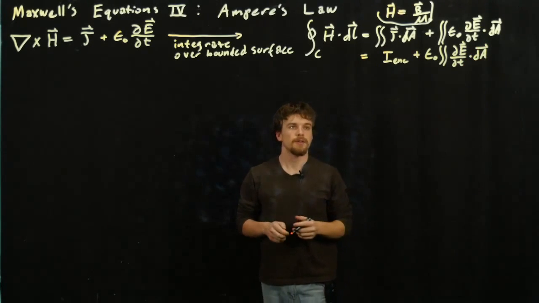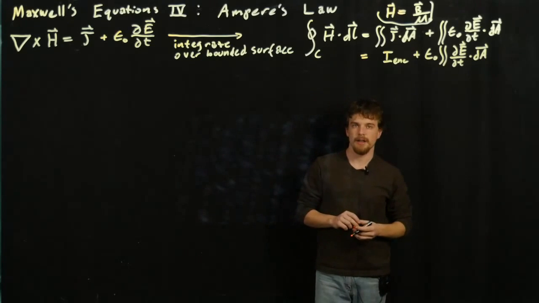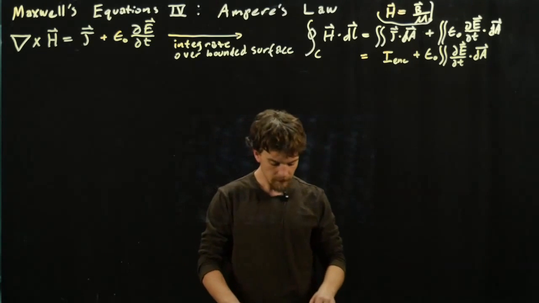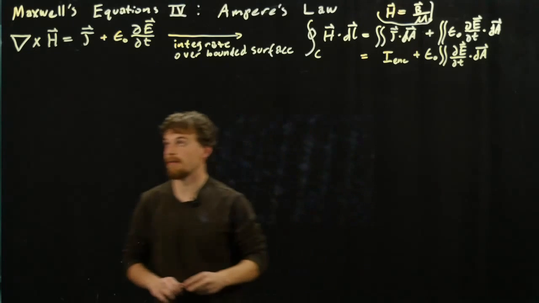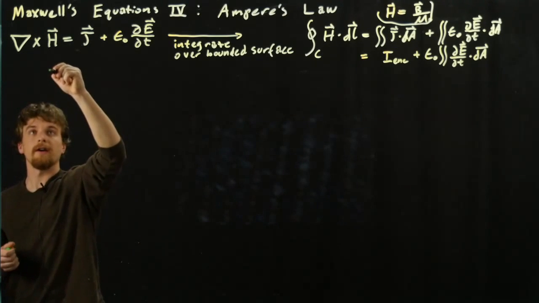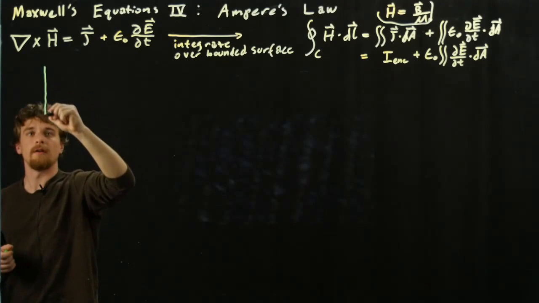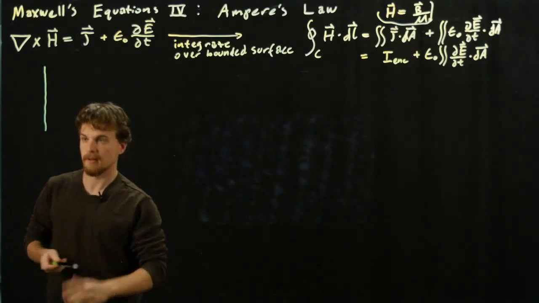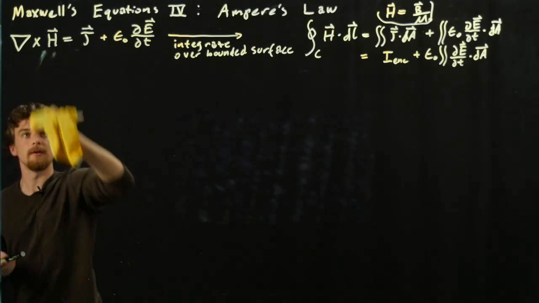Okay, so let's draw a situation where these things could come into play here. Let's imagine that we have a current carrying wire, and maybe make this a little farther into the board.